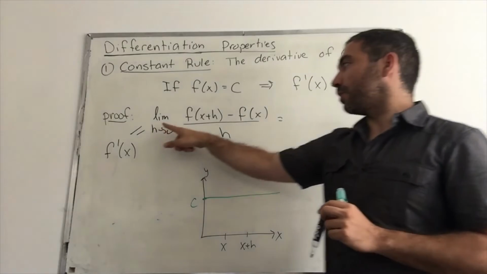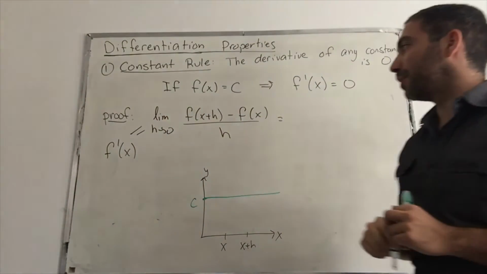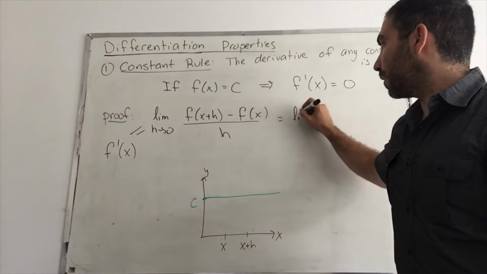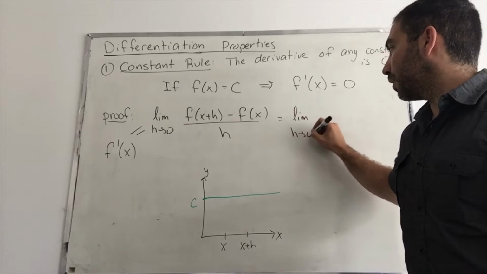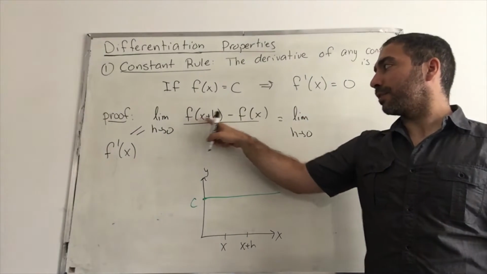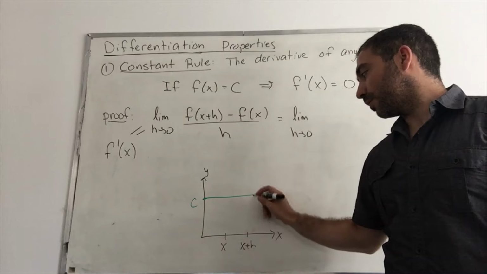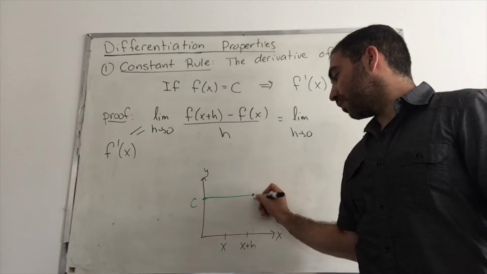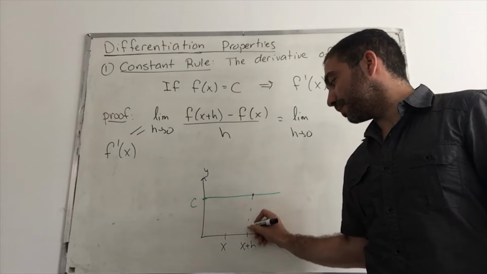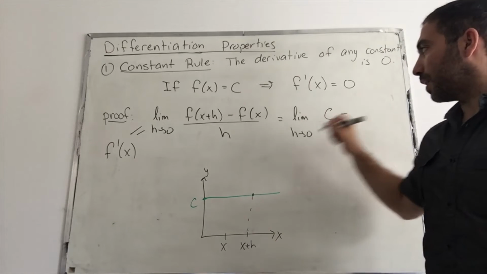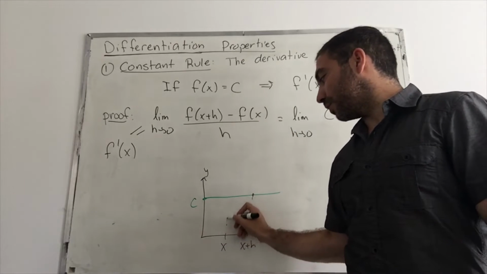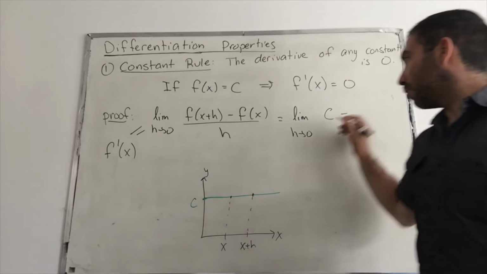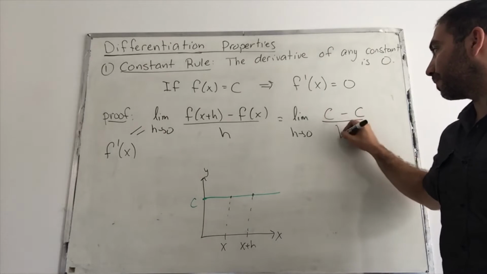F prime of x equals, by the limit definition of the derivative, the limit as h goes to 0 of f of x plus h, which from our drawing is c, minus f of x, which is also c, over h.